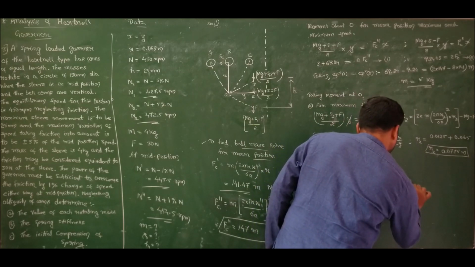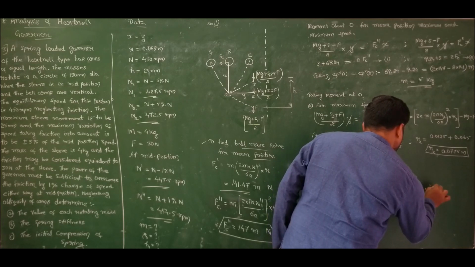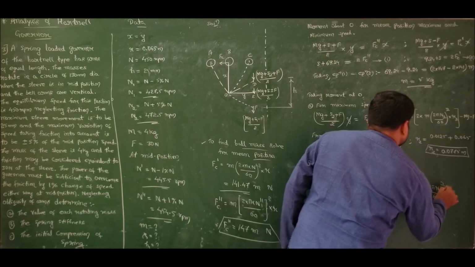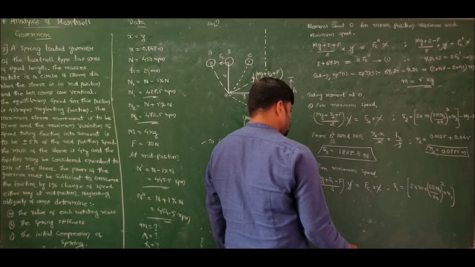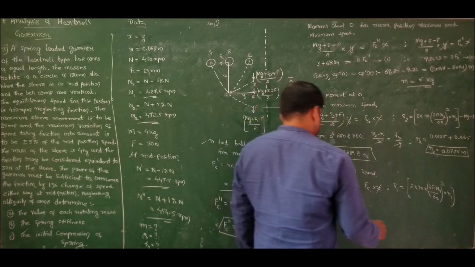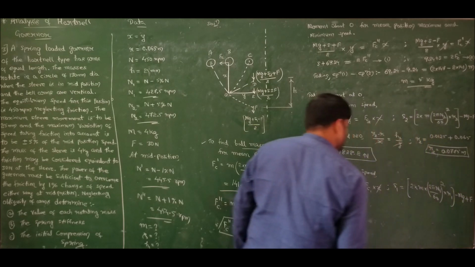S1 will be 2 times M into 2 pi N1 by 60 whole square into R1, minus mg plus F.